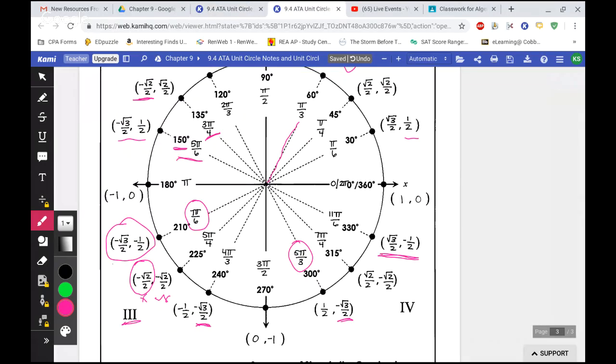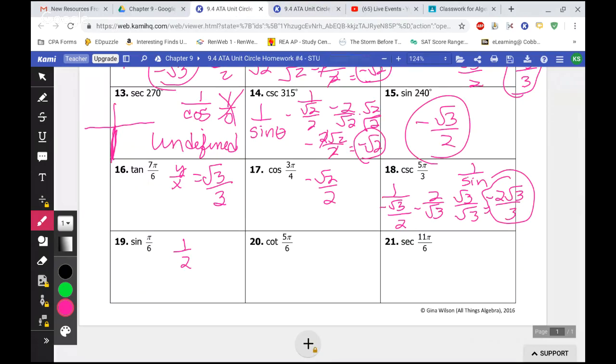And cotangent, instead of being y over x like tangent is, it's the reciprocal of that. So it's x over y. So I'm going to have negative root 3 over 2 over 1/2. And remember, with a complex fraction, when the denominators are the same, the denominators cancel, and then you're just dealing with the numerators.